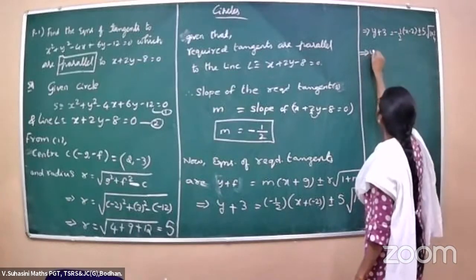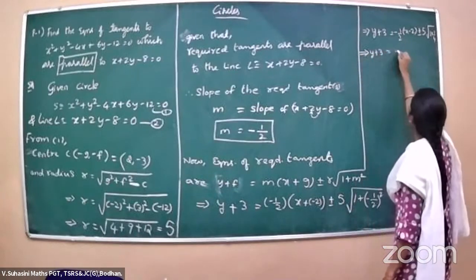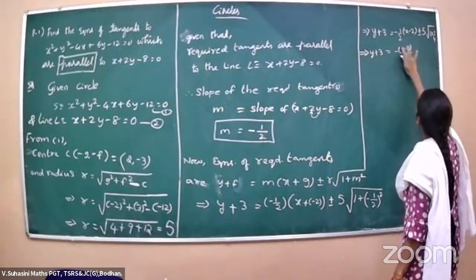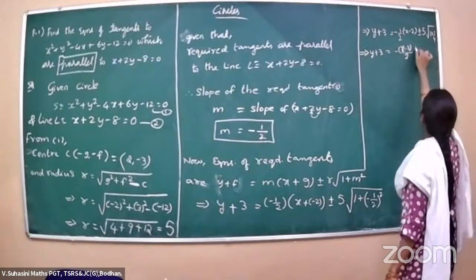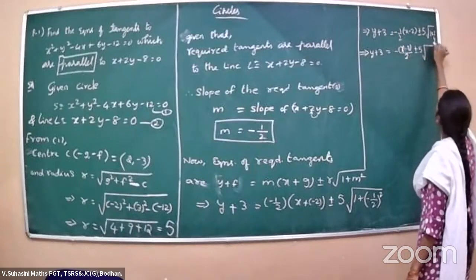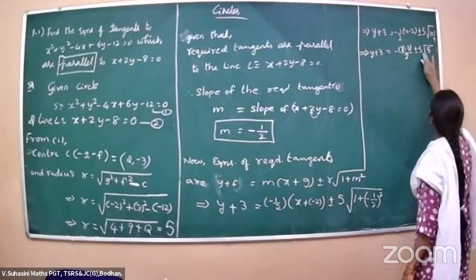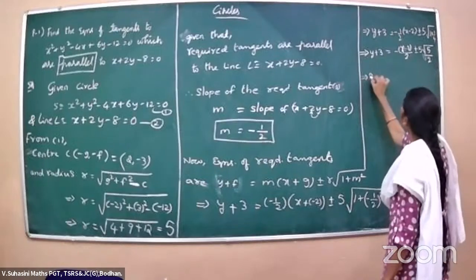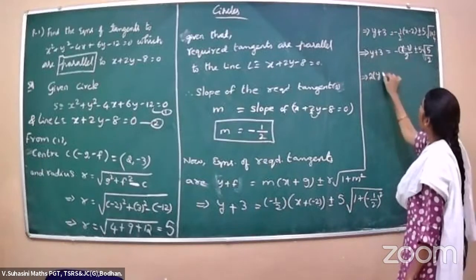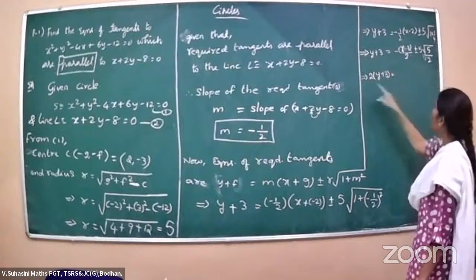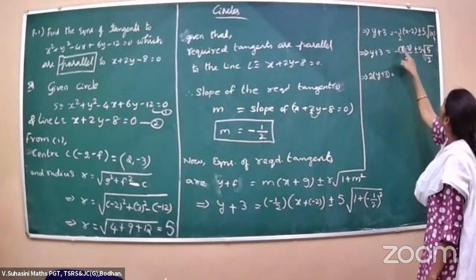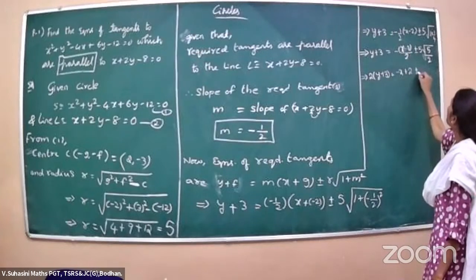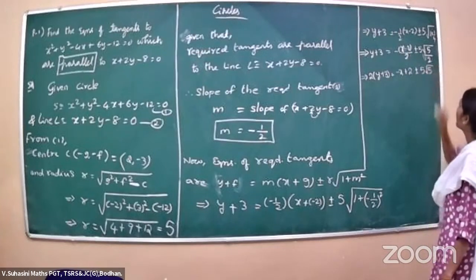Which implies y + 3 = minus x by 2 plus or minus 5 under root of (4 + 1) by 4. Root 4 will become 2, so 2 will be the LCM. Transposing 2 to this side with respect to multiplication, 2y + 6 = minus x + 2 plus or minus 5 root 5.